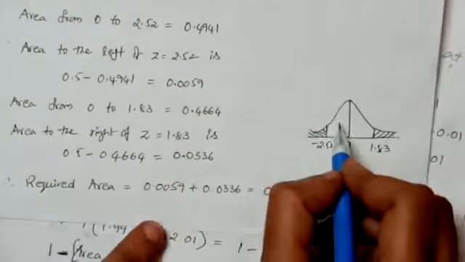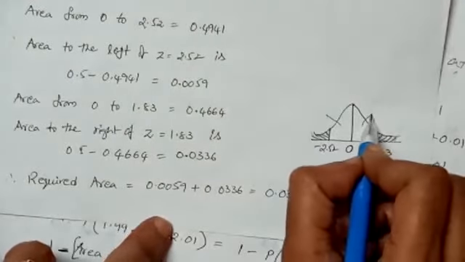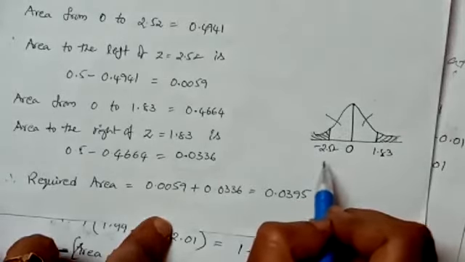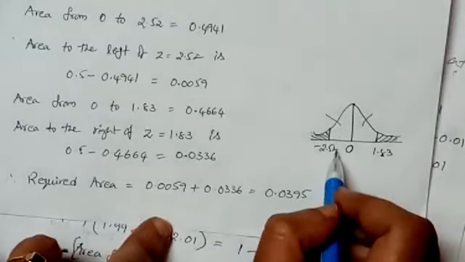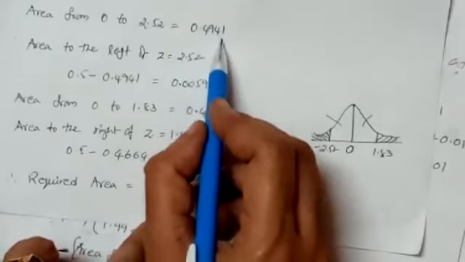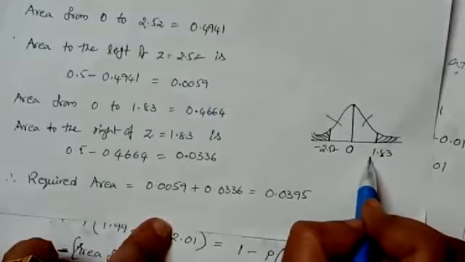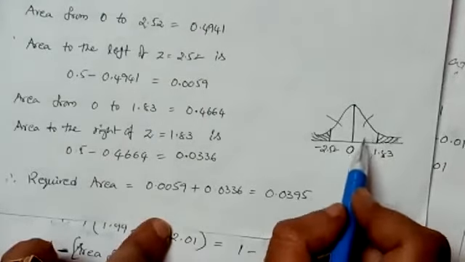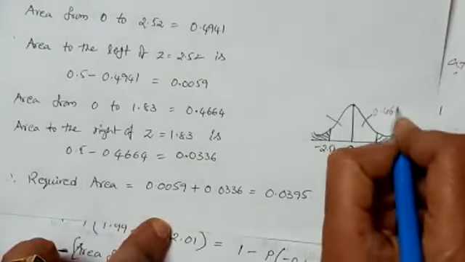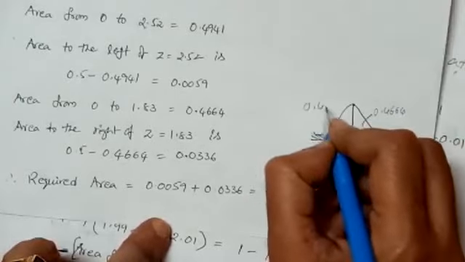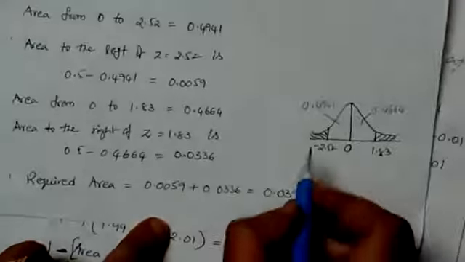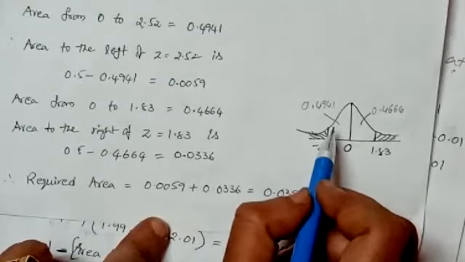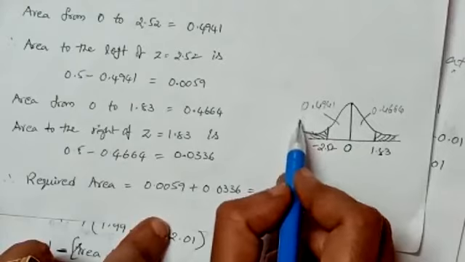I need to find this area and this area. So how do I get this area? From 0 to 2.52, the area is 0.4941. From 0 to 1.83, the area is 0.4664. So how could I get this shaded part? By subtracting from 0.5.